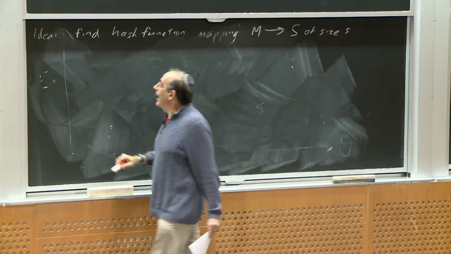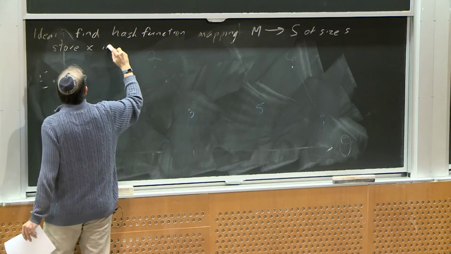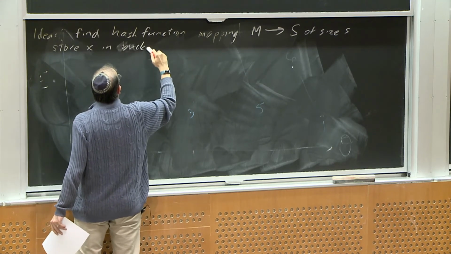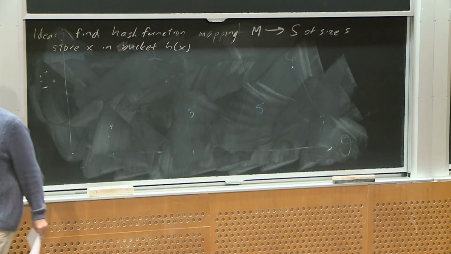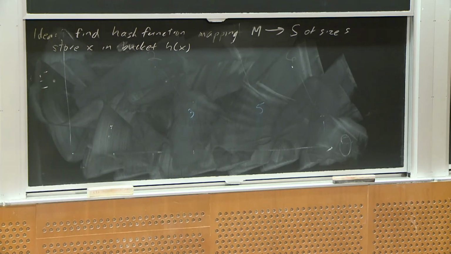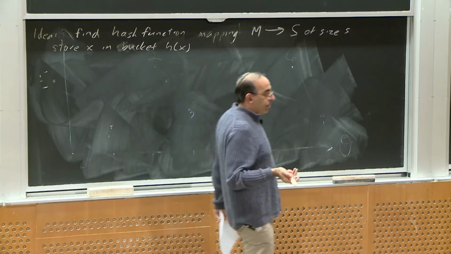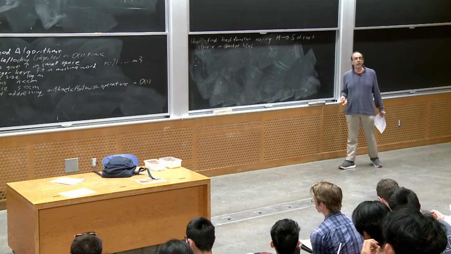Right? And now I can store my item x in bucket h of x. And this gives me back what I had from arrays, right? When I get a key, I simply compute the hash function, and that tells me what bucket I should look in to get the information about that key.